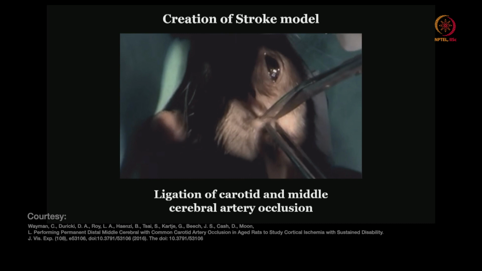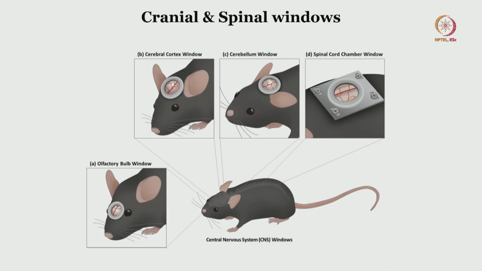That is why you also do an ipsilateral carotid artery occlusion along with the middle cerebral artery. This is one extra surgical procedure that you need to practice if you are trying to consider the stroke model, which is a widely used rat model for various experiments.